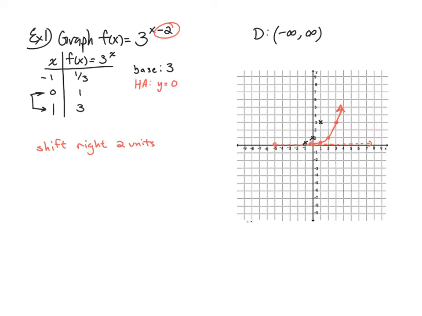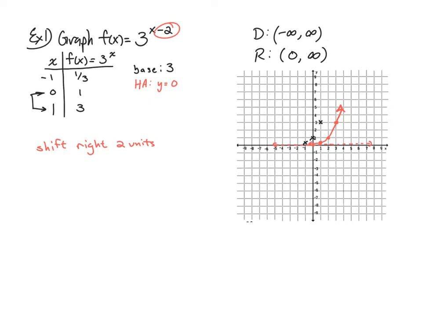Well, this graph will get closer and closer and closer to, but never ever touch the horizontal asymptote. And so the horizontal asymptote is like a barrier for the range. So it is going to start way down there at 0, and we cannot include it. As I mentioned, it will never touch it. And then it will go up to infinity.